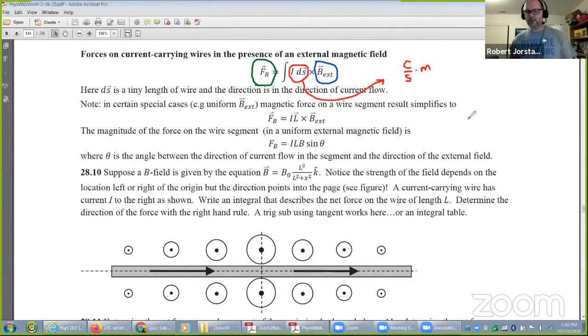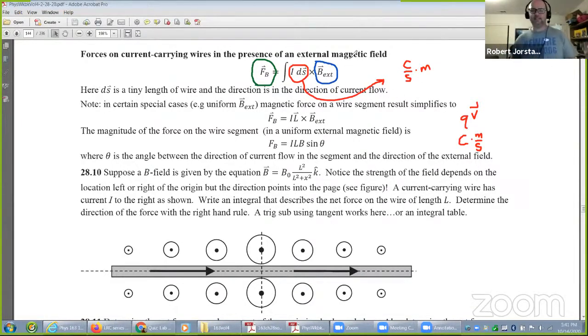If you think about qv, that has the same units, a coulomb times a meter per second. So we see this is a way to make the equivalent relationship between current and force versus charge and force. Charge times velocity has the same units as current times ds.